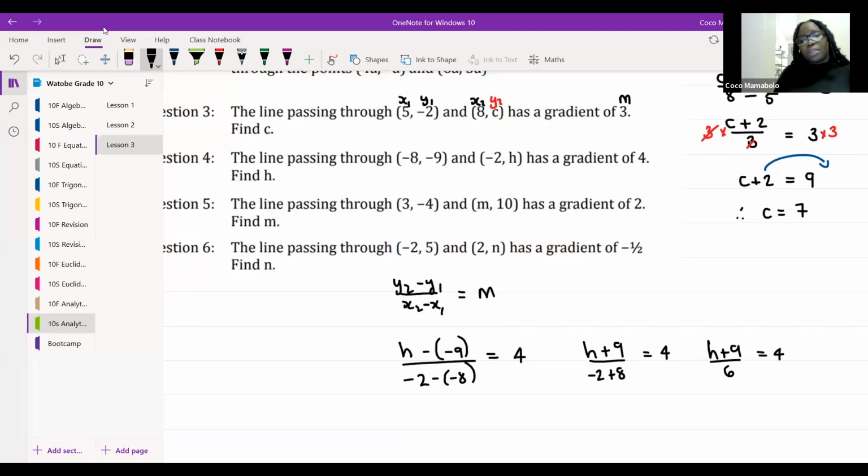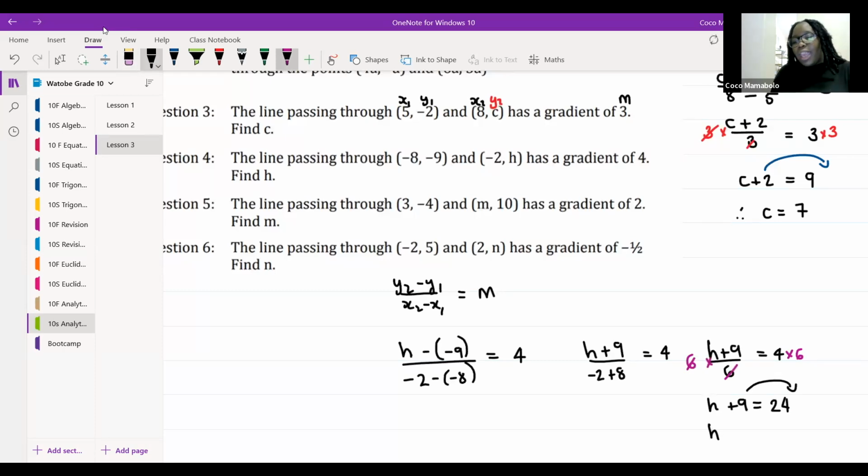And then we're going to multiply both sides by 6. So times by 6 here, times by 6 there, cancel. Therefore, h plus 9 is equal to 24. And then I'm going to take my 9 over, and it'll become -9.